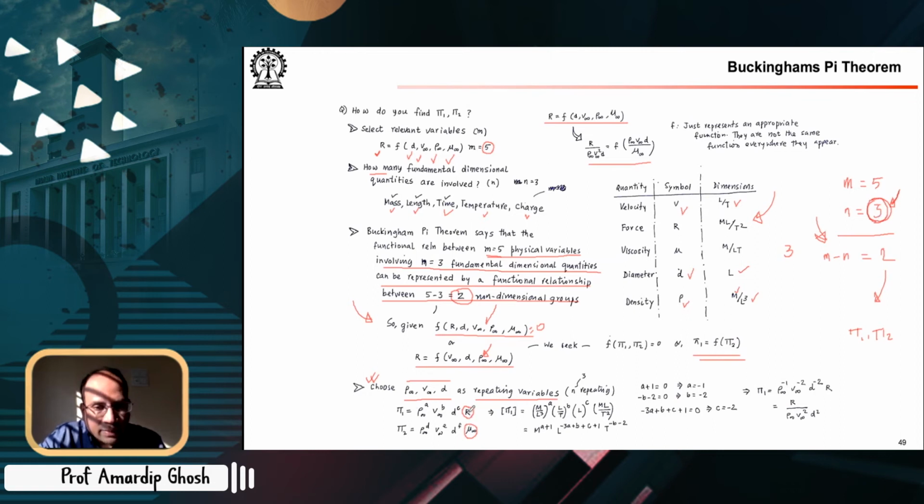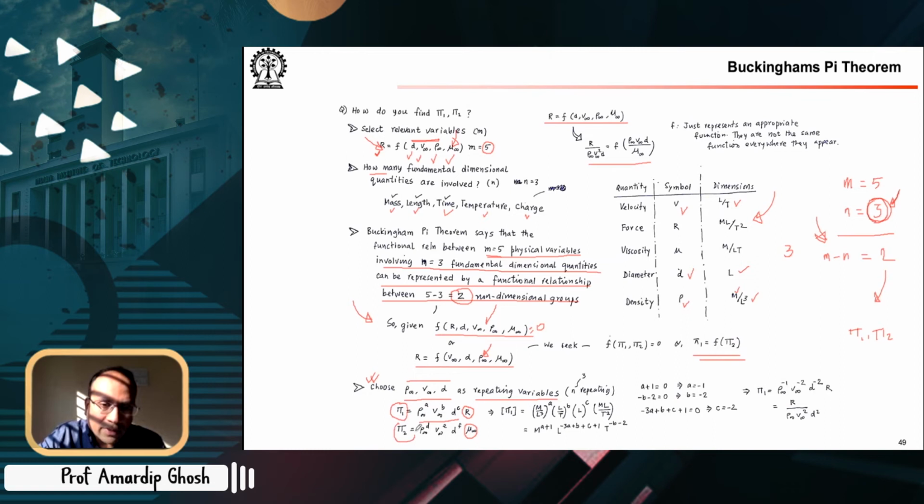If you make these three your repeating variables, then you are left with these two. So you say pi1 is equal to the repeating variables raised to powers a, b, c multiplied by r. Pi2 is again rho v d raised to some powers, into mu.